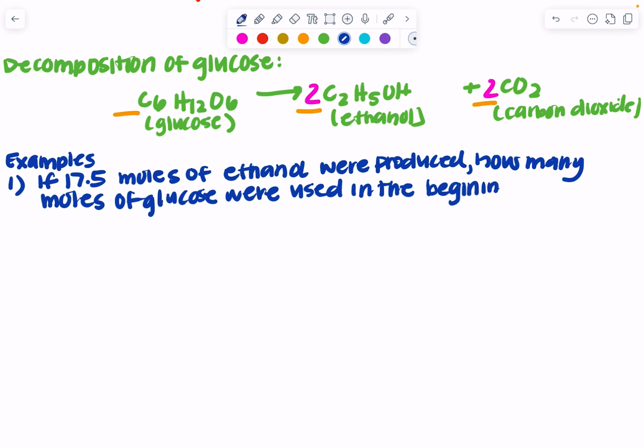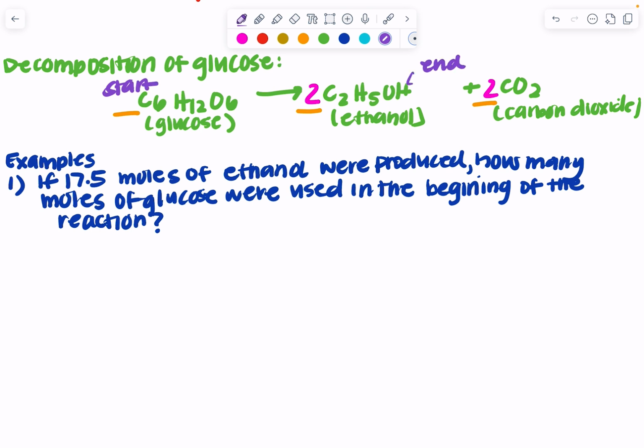A lot of times, stoichiometry is able to tell a little bit of a story, okay? This reaction says that we start here and we end here.